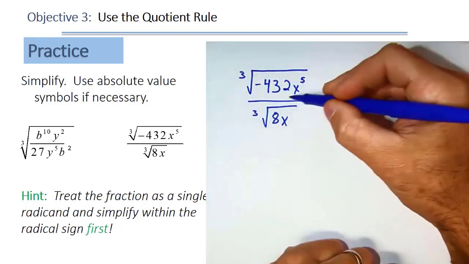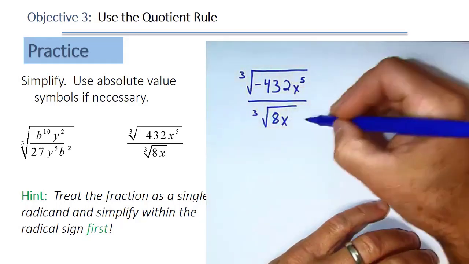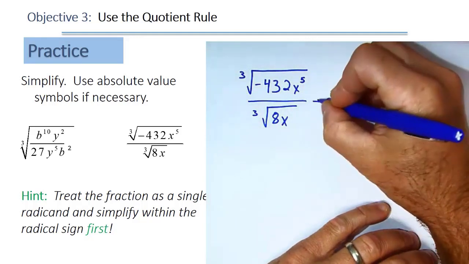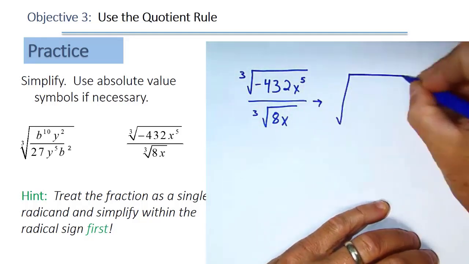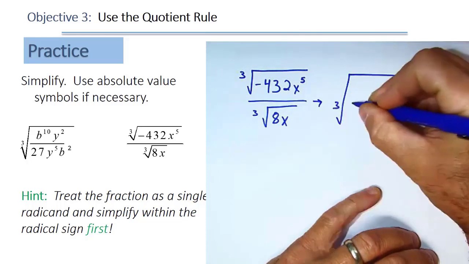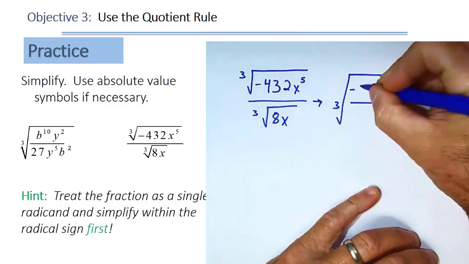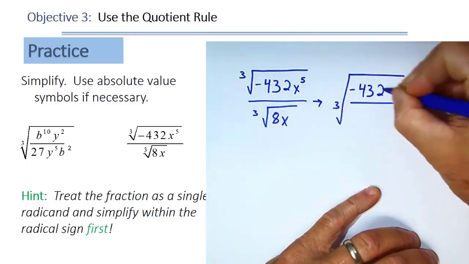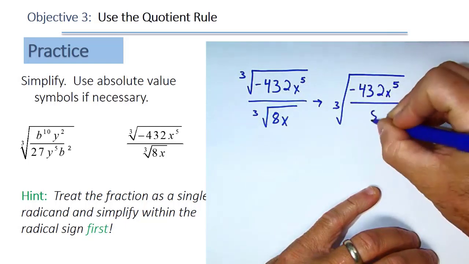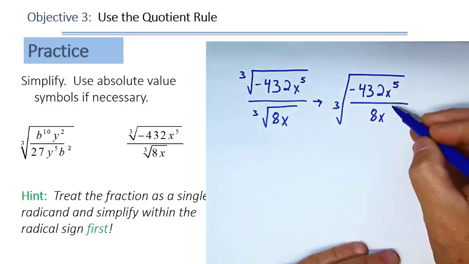Okay, so in this one, we're actually already given 2 separate roots, but we have a root in the denominator. We can think about that as being one big fraction so that we can do some canceling. So that's negative 432x to the 5th over 8x. Now, there's some canceling there.